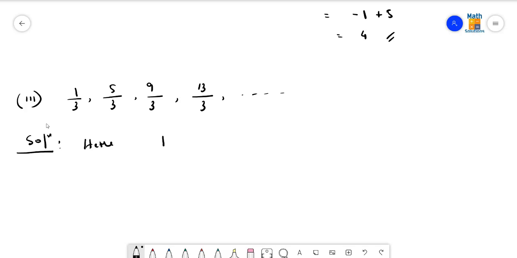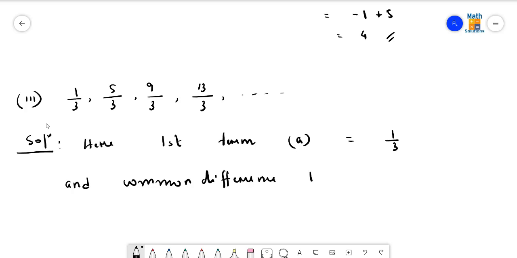Here first term A is equal to 1 by 3, and common difference obtained here is common difference D will be equal to second term minus first term, and what do I get here? 5 by 3 minus 1 by 3.